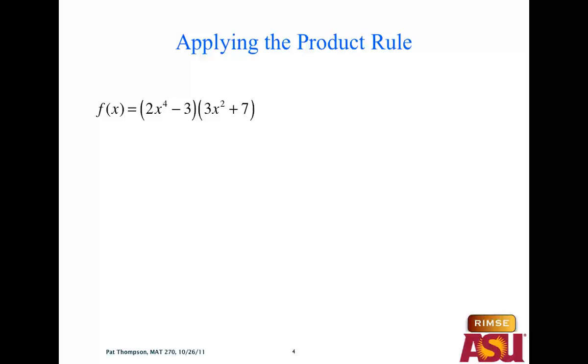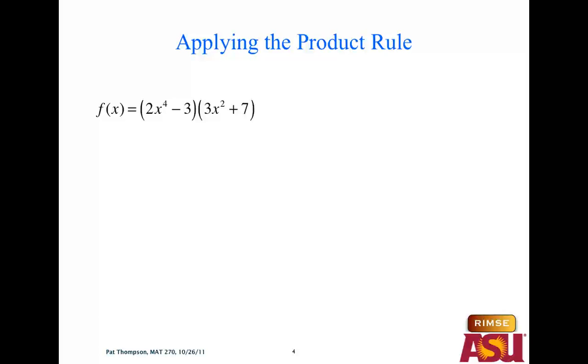Okay, so here's an example. And what we're going to do now is these things get complicated. The first question we're always going to ask is, what's the structure? What's the overall structure or the big picture of this function? Is it something to a power? Is it a quotient? Is it a composite function? Is it a product? The big picture of this is the product of two things, right?